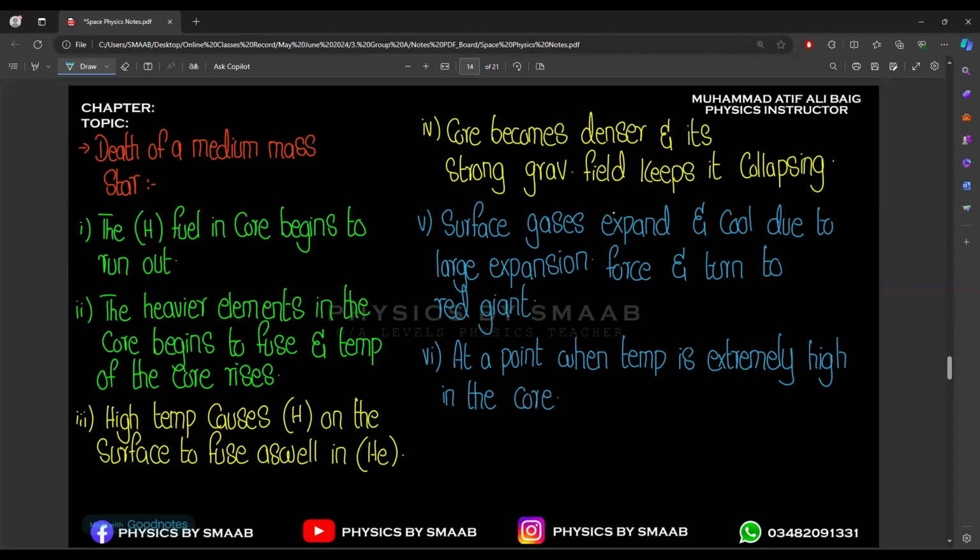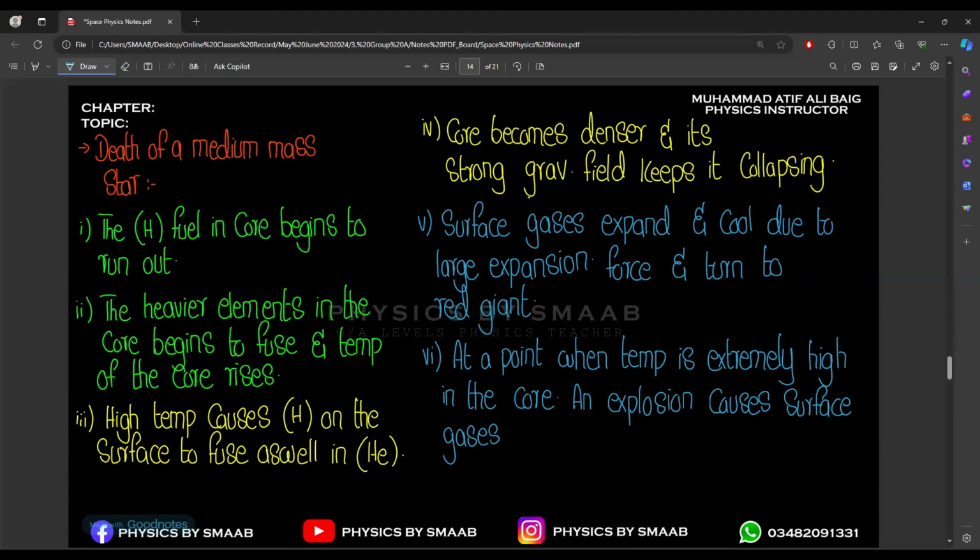So there will be an explosion, just like in the normal bomb theory, when the temperature is very high, the bomb explodes. The same happens over here: when the temperature of the core becomes extremely high, an explosion occurs, and it also affects the gases on the surface.